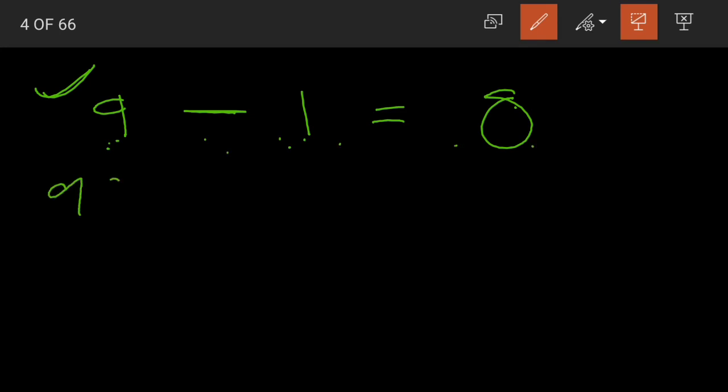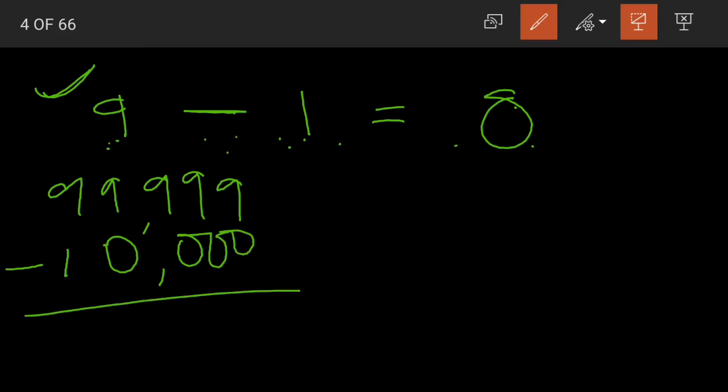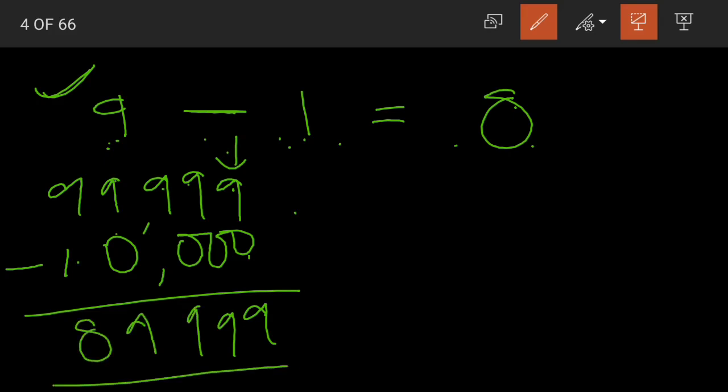In the same way, for the question, how much is 99,999 greater than 10,000? We do the same thing. We subtract. Starting from the ones place, 9 minus 0 becomes 9. Again 9 minus 0, 9. 9 minus 0, 9. 9 minus 0, 9 and 9 minus 1 becomes 8.